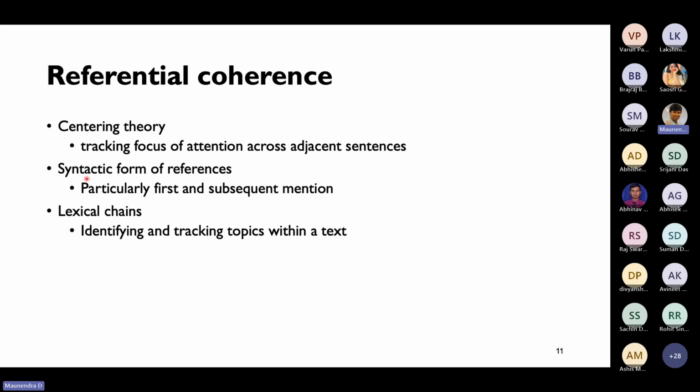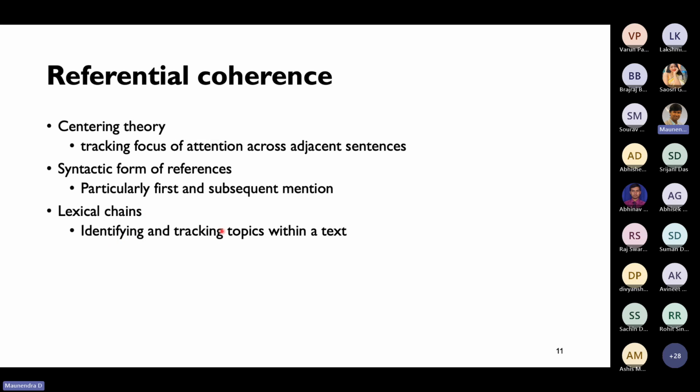Then there could be syntactic form of references, like co-reference and so on, first and subsequent mentions. And then there could be lexical chains, which are another extension of co-reference chains: identifying and tracking topics within a text.